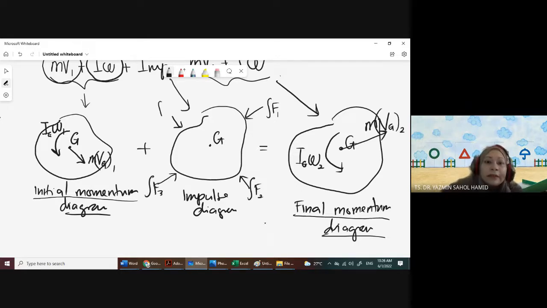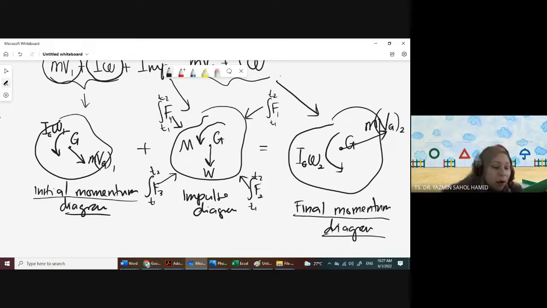You can consider all the external forces in the question, but they are integrated over time. Are you copying, guys? Are you okay? And in the impulse diagram there can of course be weight, forces, and of course there will be couple moments, remember?